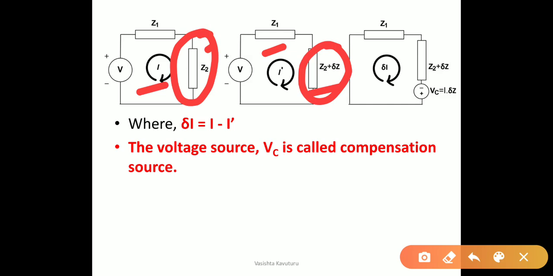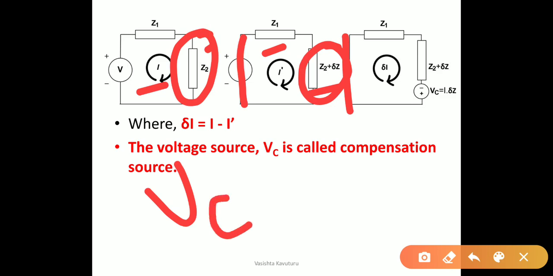By the compensation theorem, to calculate the change in current, we replace the voltage source by a short circuit, that is, deactivating the sources. Then, to find the change in the current, we add a voltage source with opposite polarity, Vc.